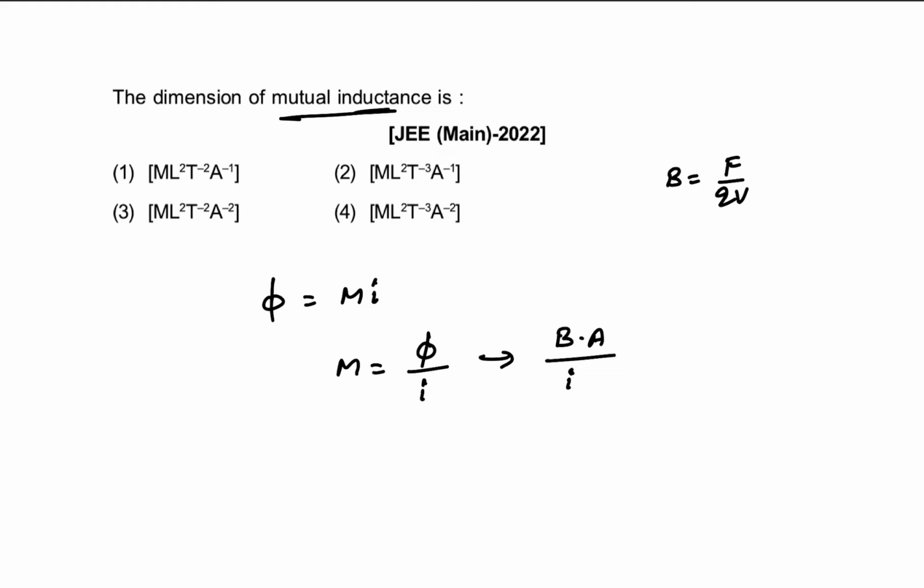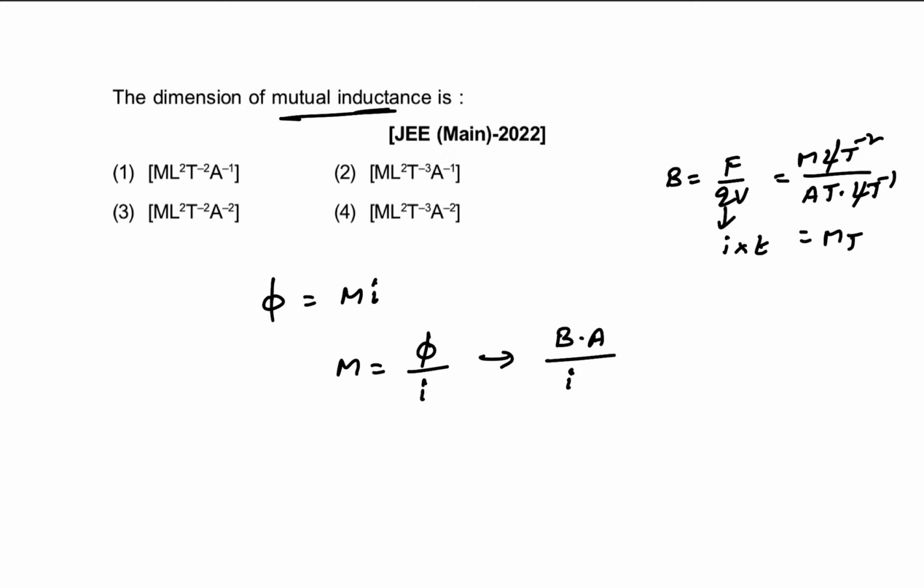Magnetic field, earlier I have written B is equal to F divided by q into v. Current I is nothing but charge divided by time taken. So you can write it as M L T power minus 2 whole divided by q, which is ampere into time, and velocity is L T power minus 1.